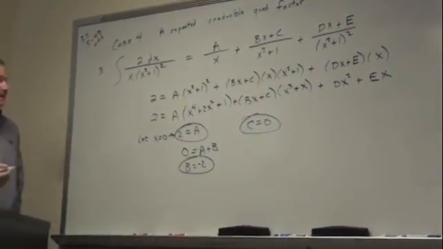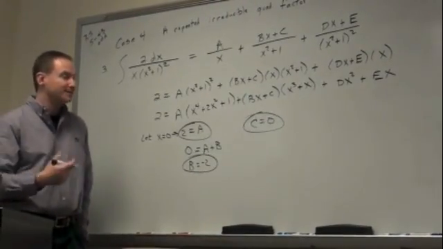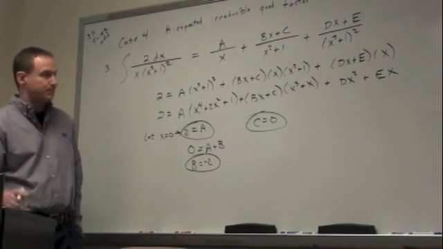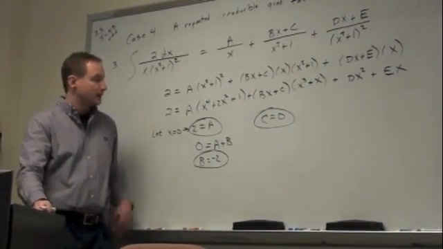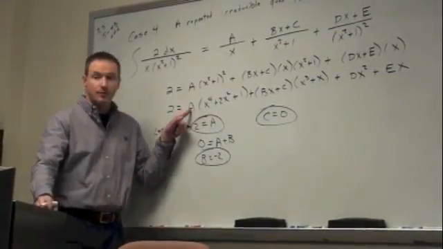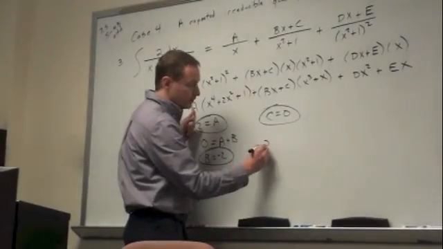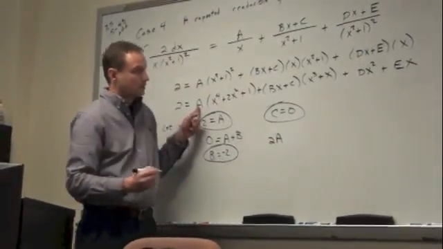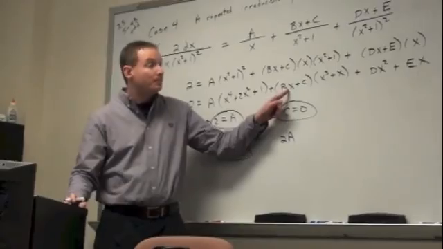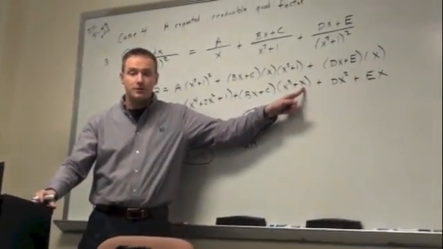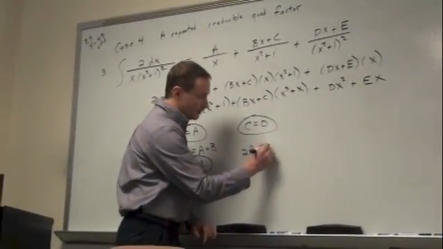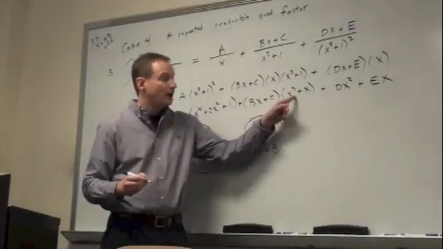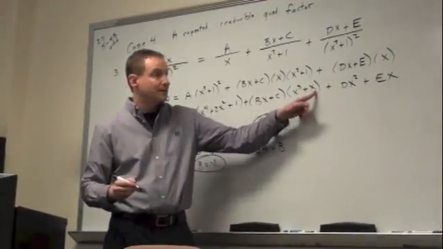I move on to D. Sorry, I move on to the x squared, which, well, it is D. The x squared terms on the right: 2a is going to be a coefficient of x squared. Then b is going to be a coefficient of x squared. bx times x is bx squared, so plus b. C would not be a coefficient of x squared.